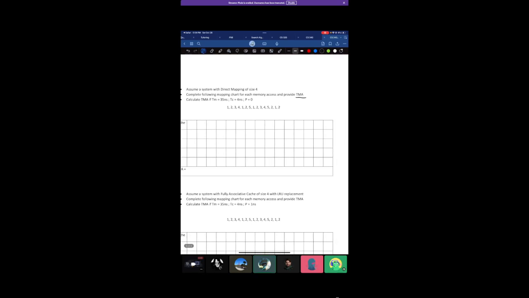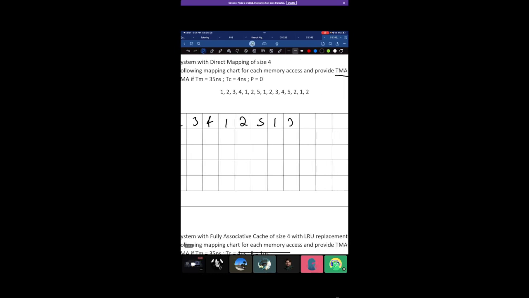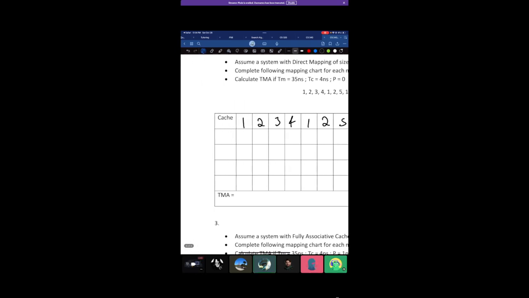So first thing we have to do, rewrite the memory string on the top. Okay. And then we have to index our cache as well.